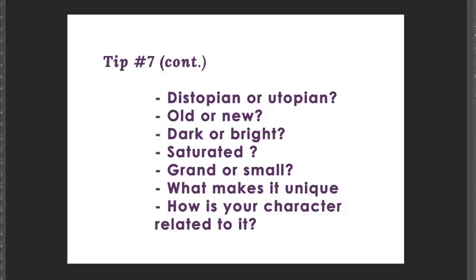Like I said, for the sci-fi, old will be more rusty, scratched, maybe more dark. But if it's a utopian old world, you're going to have some cracked zones, but they're still going to have a bright color scheme. Which leads to dark or bright.